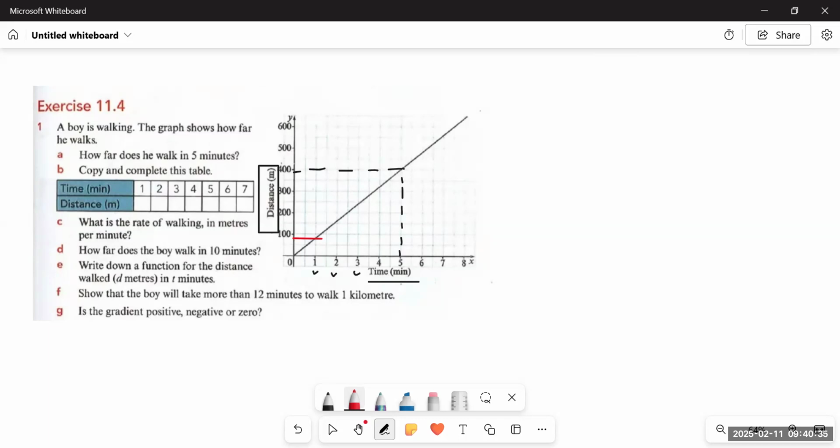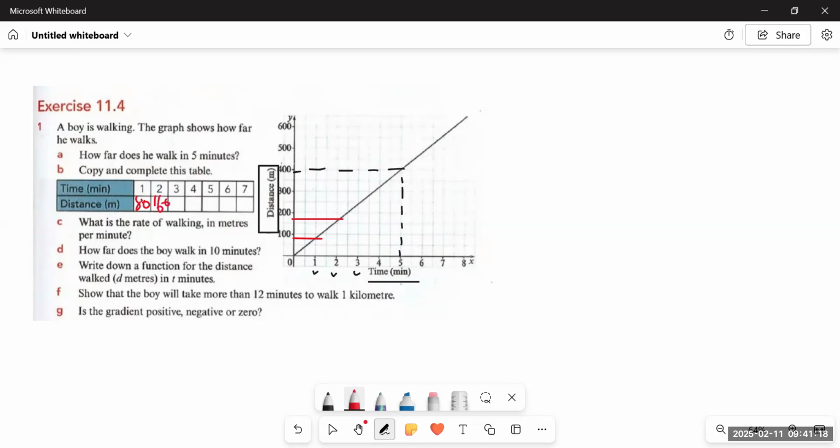So if we look over here, students, and we split these two boxes into 100 units, each box will contain 50 meters, right? And if we look over here at the red line, it reflects that this is 80 meters. So we'll write it over here that in 1 minute, the boy is walking 80 meters. Then if we look at 2 minutes, this comes over here. So it tells us that it would be around 160 meters.